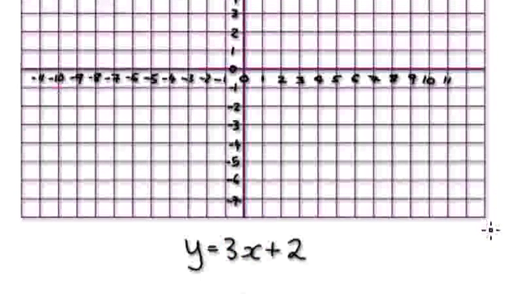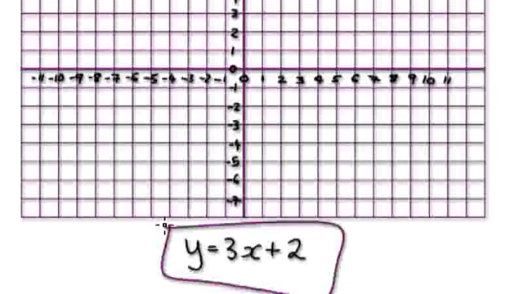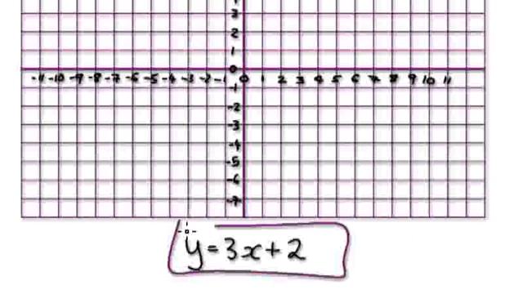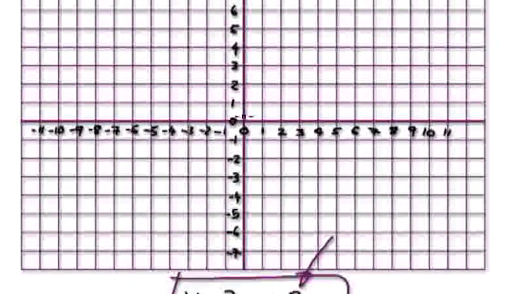Anyway, let's try and plot this line here. You could do the table route: x, y, and then 0, 1, 2, 3, 4, and so on. But this takes a long time. Learn to draw this straight away. So here your eyes should zoom into the 2, because that's the intercept. The intercept is where it crosses the y-axis.